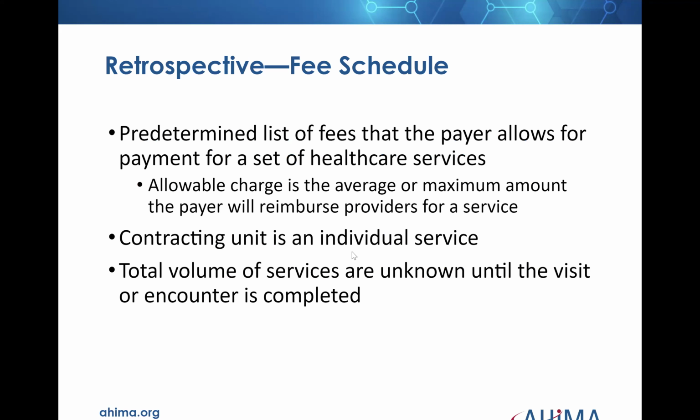The retrospective payment model has a fee schedule, and this is basically a list of fees attached to HCPCS, CPT codes, what have you, that allow for a payment for these types of services. And again, we don't know what's going to be charged until all the services are rendered.